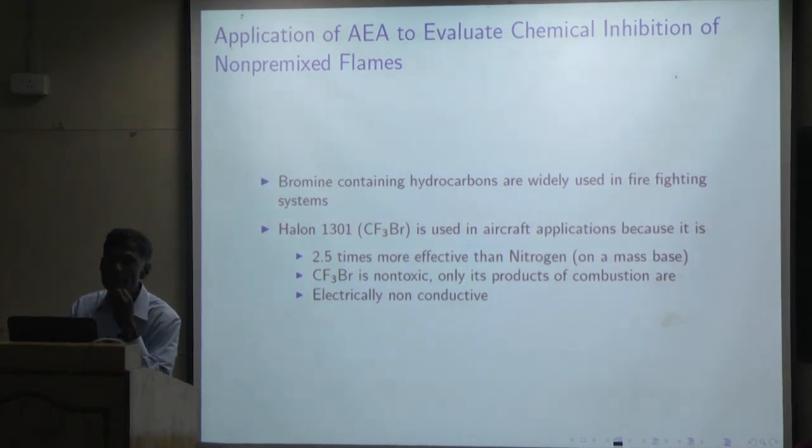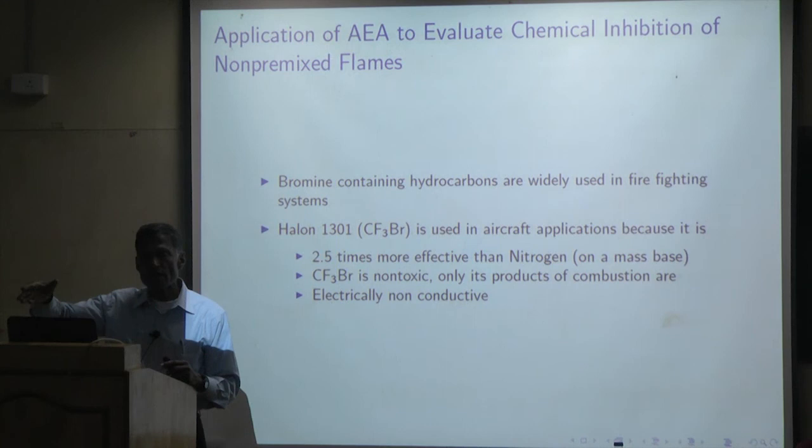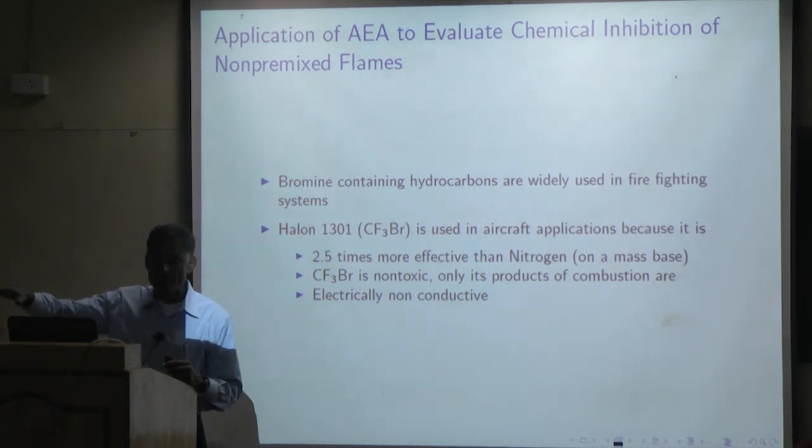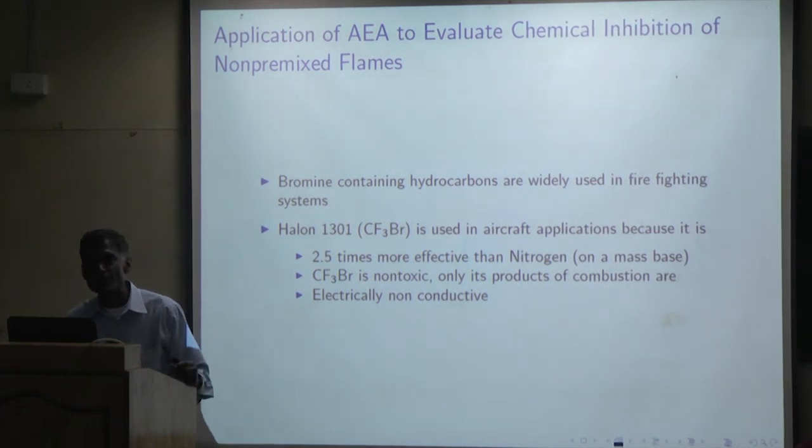This does not apply if the flow is compressible. As a consequence of low-speed flow, pressure is constant everywhere. If you have a compressible flow, then one has to couple the momentum equation along with this. That's a completely different analysis altogether.